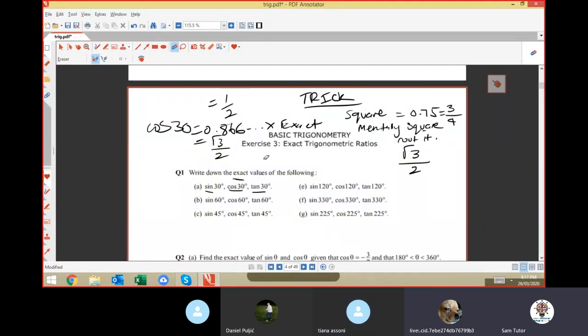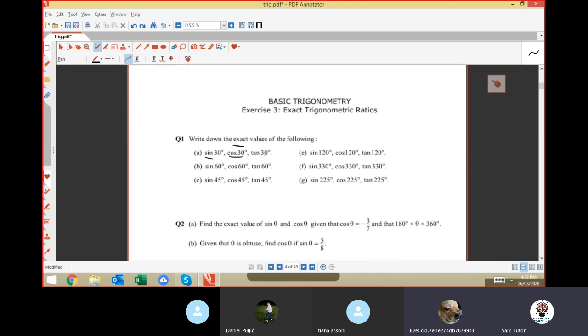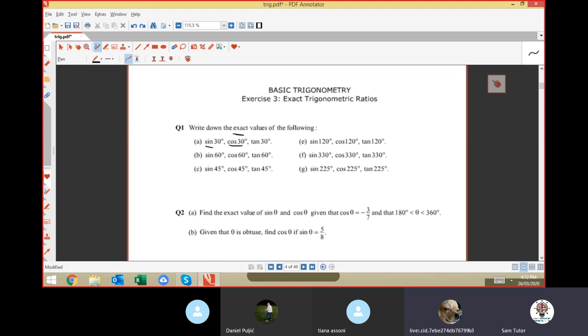Okay, so we're starting with trig today. New topic. Here we go. The first thing we've got to do is learn our exact values for our trig functions.